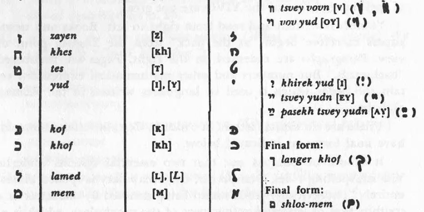Mem also has a final form. It's called a Schloss Mem. Schloss means a lock. It does look a little bit like a padlock, maybe. It's more squarish, more boxy than this Mem. So does this Schloss Mem look like Tess?